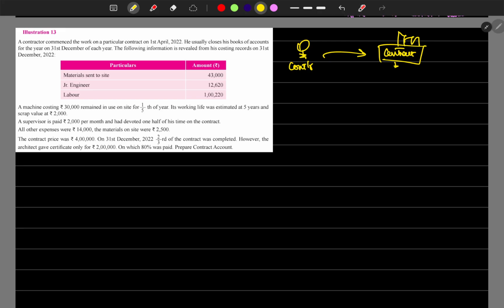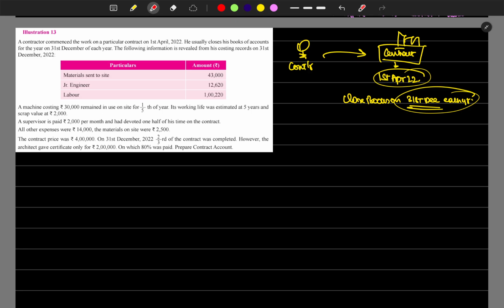He started work on 1st April 2022, and he closes his books on 31st December each year. He has started the work on 1st April 2022, but every year the books closing date is the calendar year end. So on 31st December 2022 he will be closing the books, right?